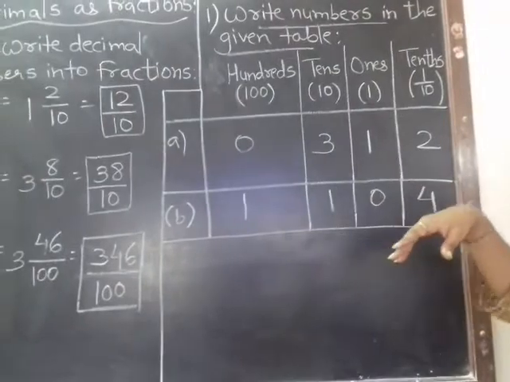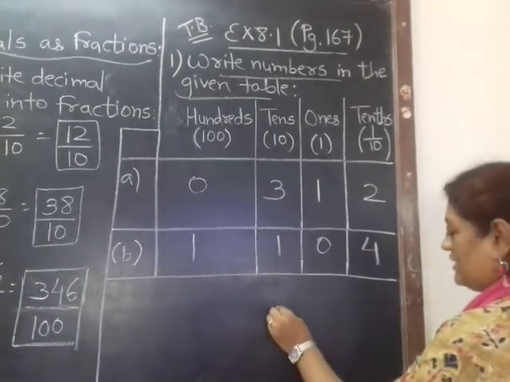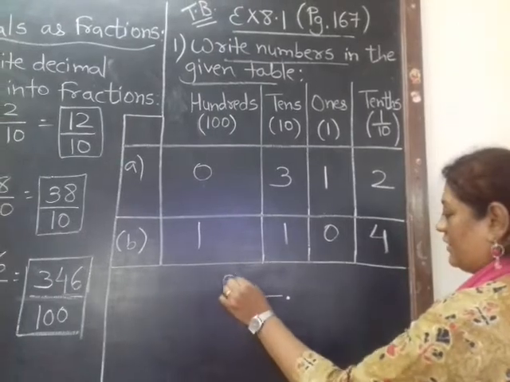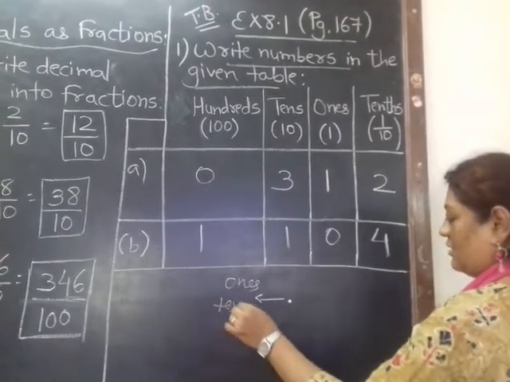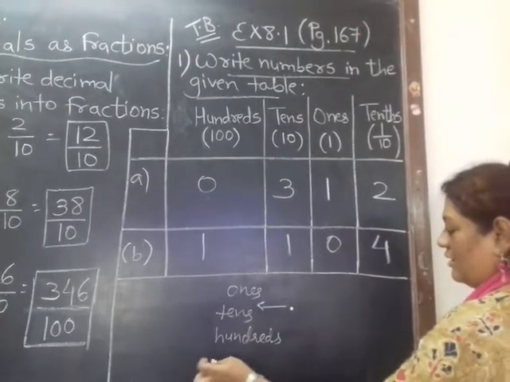Okay, now as I said, please understand, this is a decimal point. Before the decimal the place values will be ones, tens, hundreds, thousands, what we write, right?